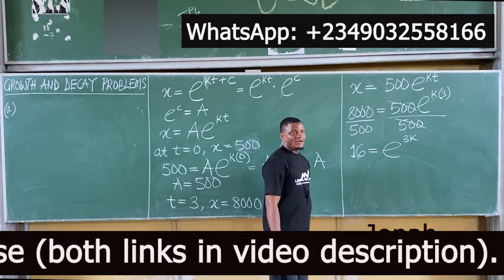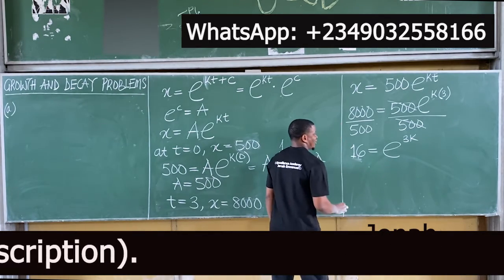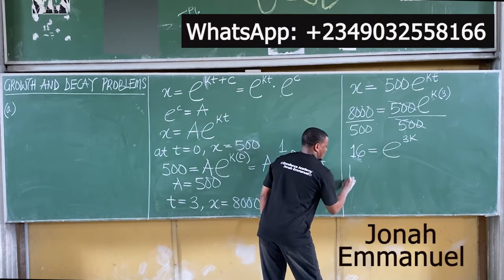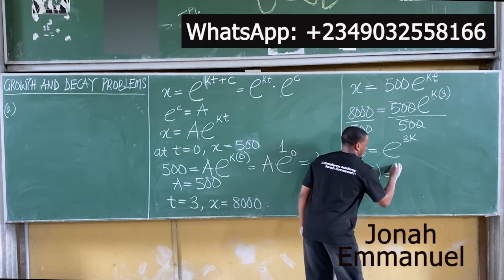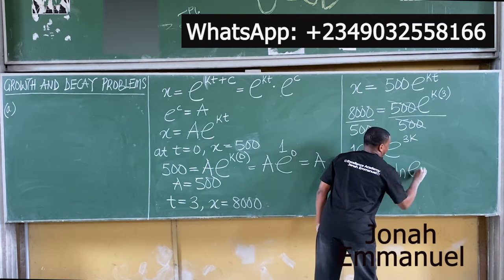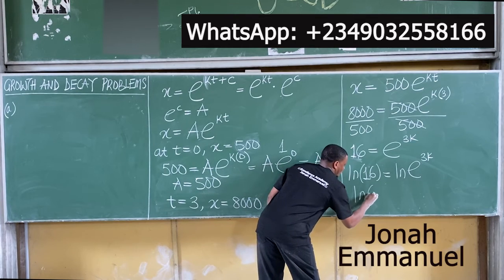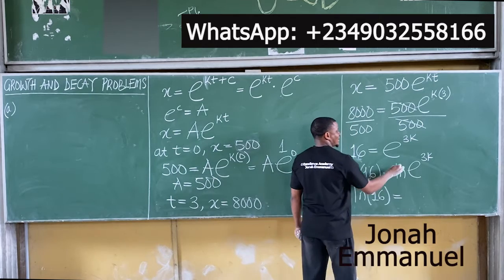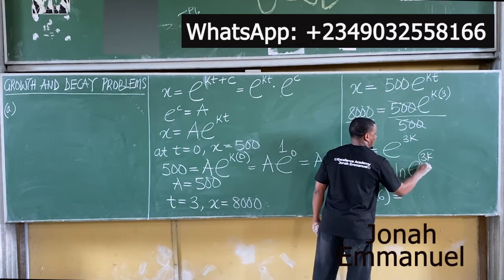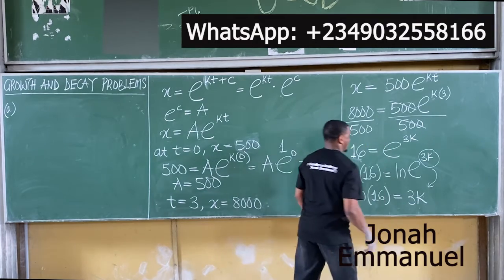How do you get k here? My next task is to take ln of both sides. So it becomes ln of 16 is equal to ln of exponential 3k. If I take ln of exponential anything, the answer becomes that thing, 3k. So ln 16 is equal to 3k.